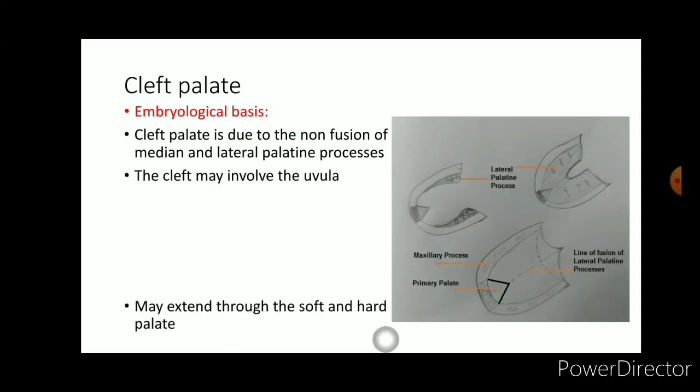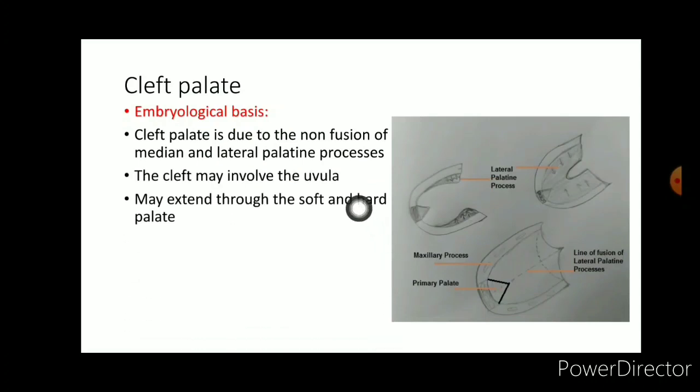Now, the embryological basis of cleft palate. Cleft palate is due to the non-fusion of the median and lateral palatine processes.